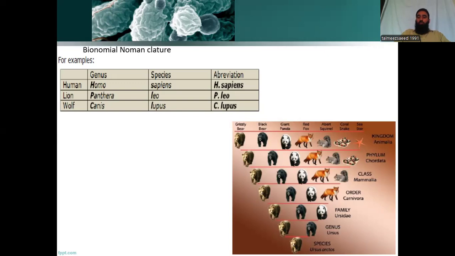A kingdom is subdivided into phyla. In the case of Kingdom Animalia, we are going to study the phylum Chordata, or those organisms that have a backbone. The phylum is subdivided into class, class into order, order into family, family into genus, and genus into species or specific name. For example, you have taken the grizzly bear and you can see its species name is Ursus arctos.